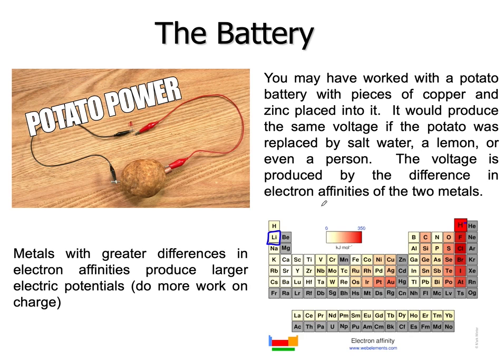It would love to have a full outer shell. So if it gains one electron, it ends up over on this side of the table. And so you end up with, it's got 2 electrons, but now it's an H minus. And it now falls into this column over, or nearby over here. I shouldn't have put it there. But now you've got 2 very dissimilar electron affinities and a fairly large voltage. It can store lots of energy.